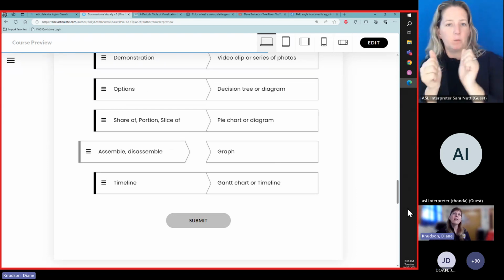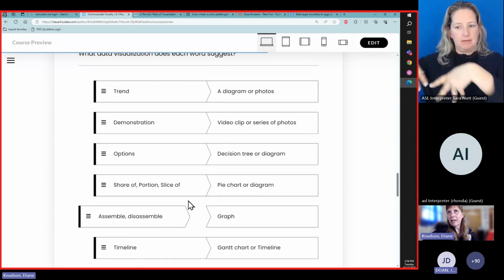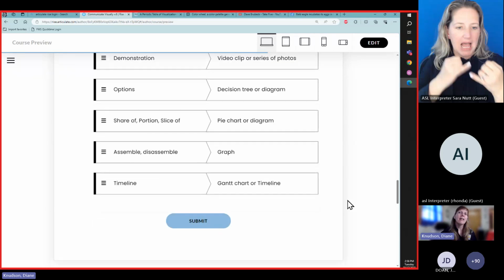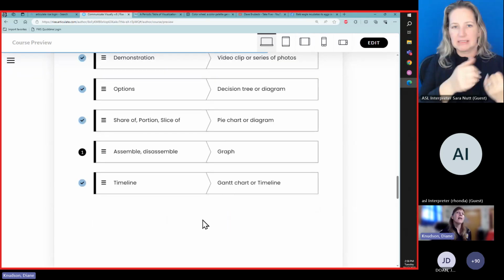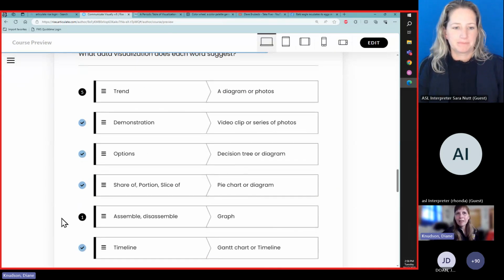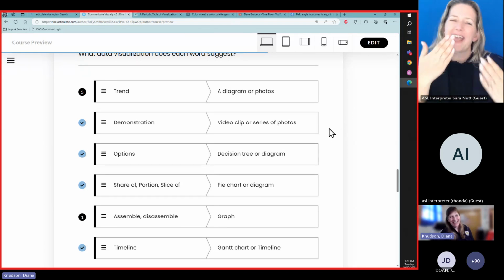Okay. And I guess the last one goes to assemble, disassemble into graph. Okay. Let's give it a try. Oh, you actually had these two reversed. Okay. But it was a hard one, and thank you for volunteering.